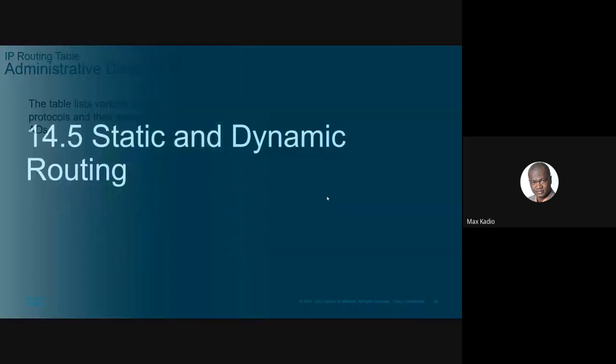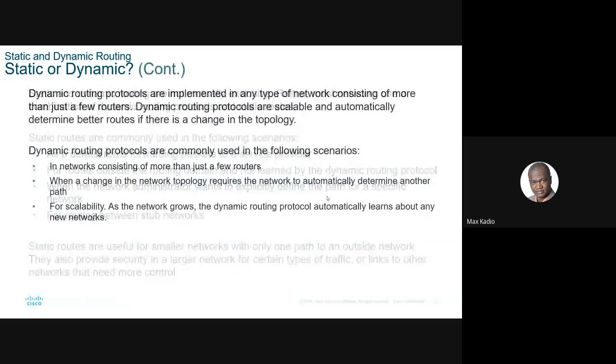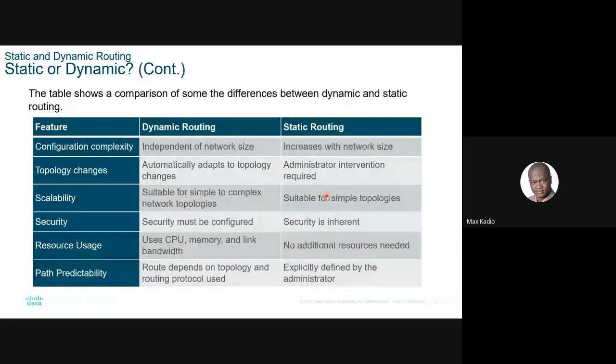Okay, static, dynamic, these ones. So when will a router choose dynamic, and when static? If it's not a big network, you can manually add. But if it's a big network, it's good to use a dynamic routing protocol. And by the way, most of the time we use dynamic routing protocols.